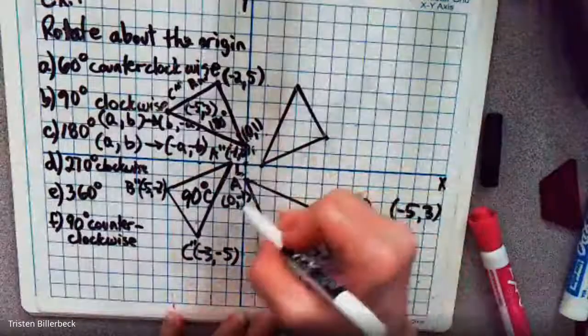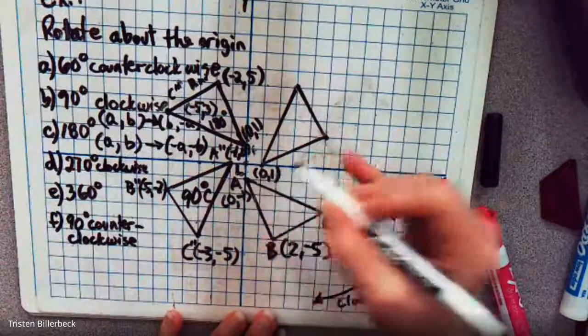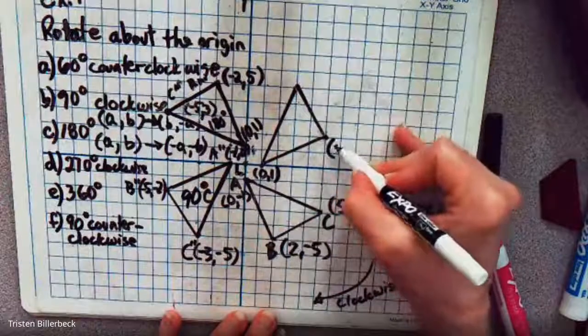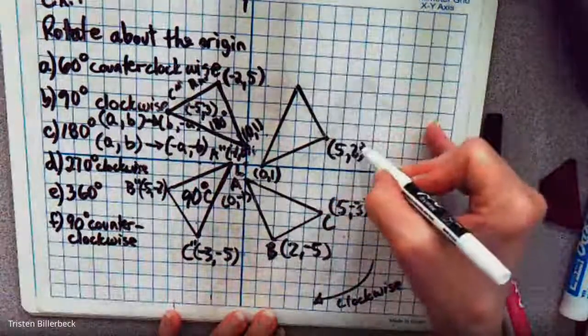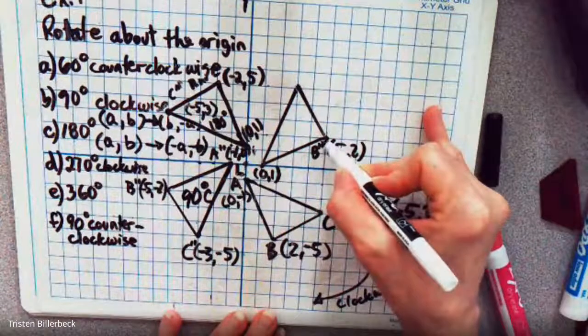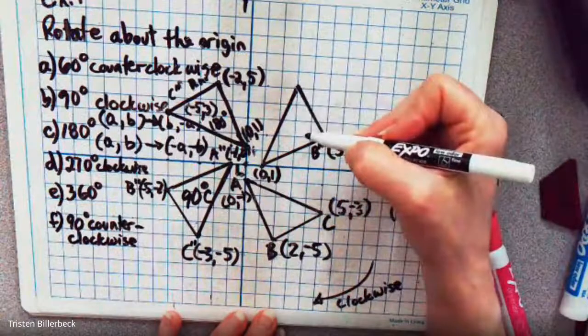All right, so we have 0, -1, and now we have 0, 1. This one is 5, 2, and that is B quadruple prime. I believe, yeah, that's B quadruple prime.